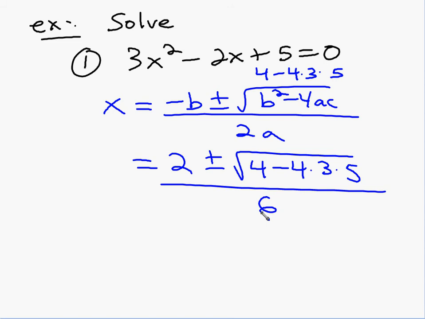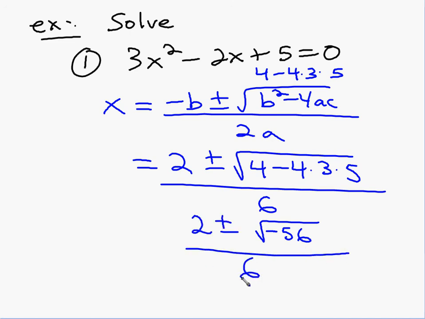So I'm going to have 4 minus 60, which is the square root of negative 56. And that's 2 plus or minus that, all over 6. So what I need to do now is just kind of deal with my i and simplify the radical a little bit. We're going to take our i out.